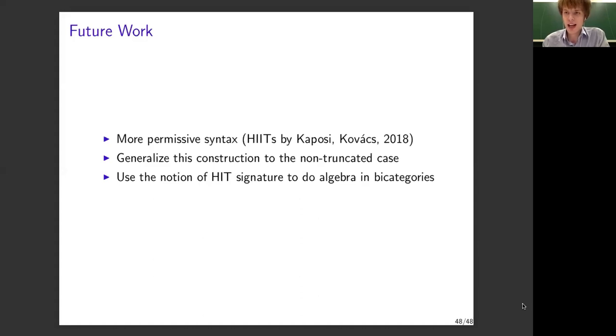However, I think a possible solution might be using wild categories. So what is a wild category? You take the definition of a category, but you don't require the morphisms to form a set. So you only have a part of the structure of an infinity category.